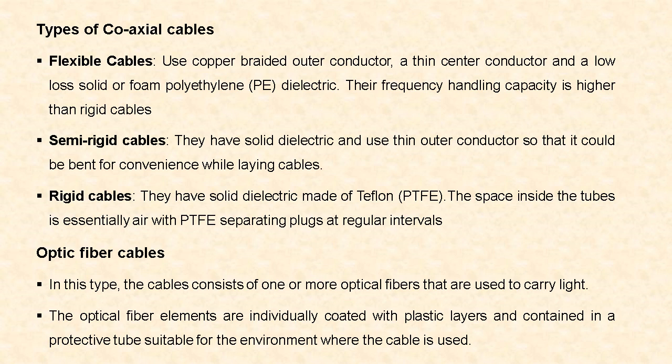Next, semi-rigid cables. They have solid dielectric and outer conductor will be thin so that it can be bent easily while laying the cables. The rigid cables have solid dielectric made of Teflon.